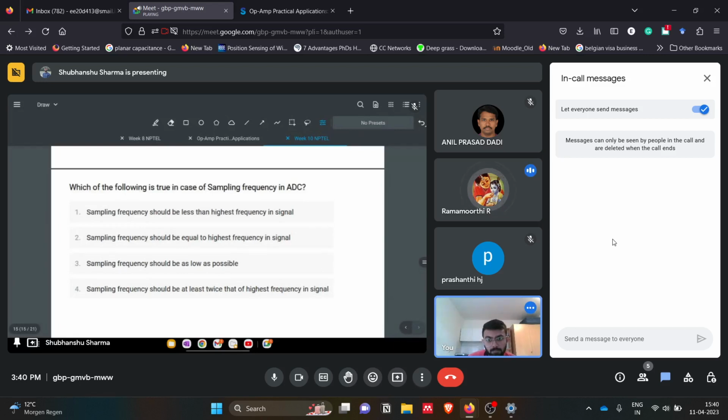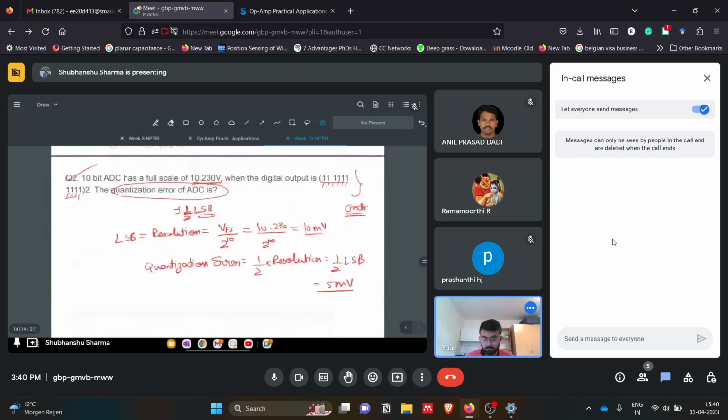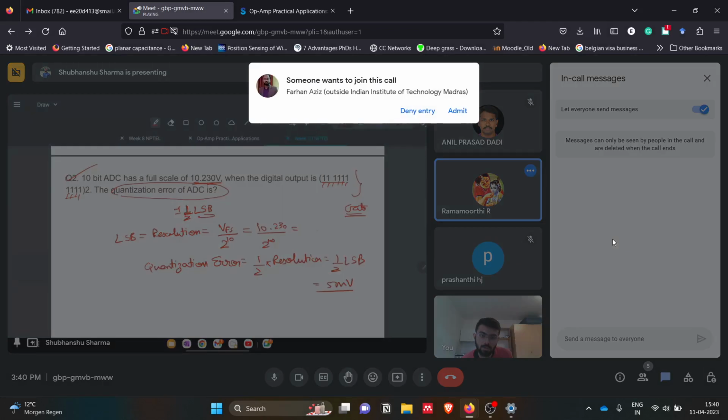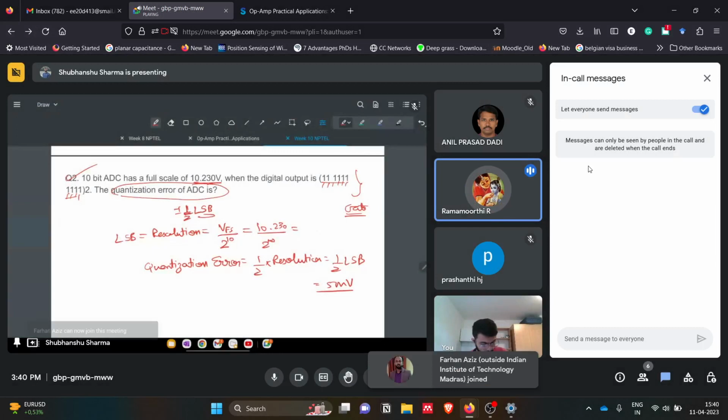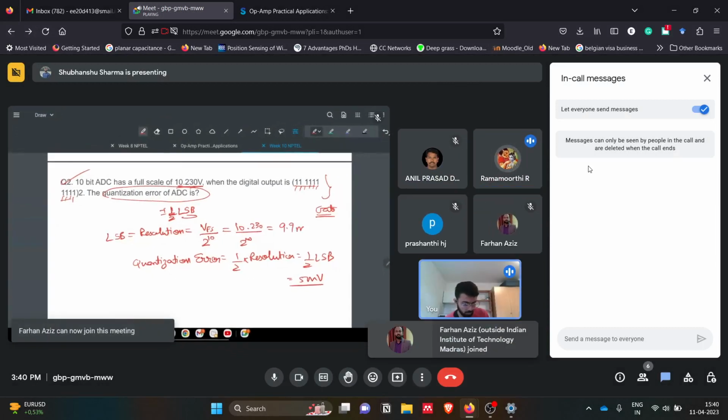If we divide 10.23 by 2 power 10, then the answer will be around 9.9 milli, close to 10. 10 millivolts.